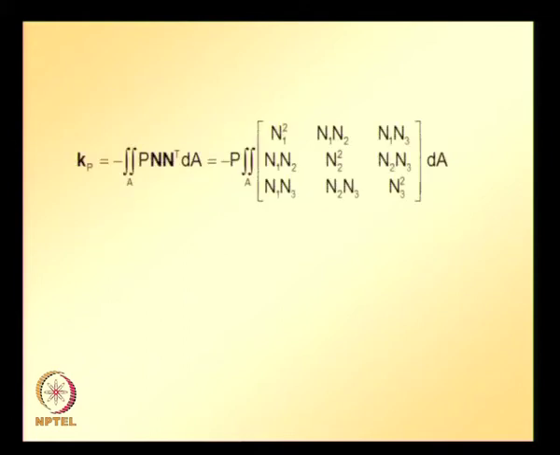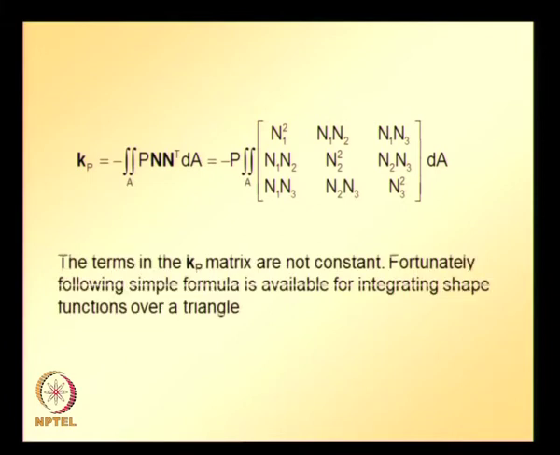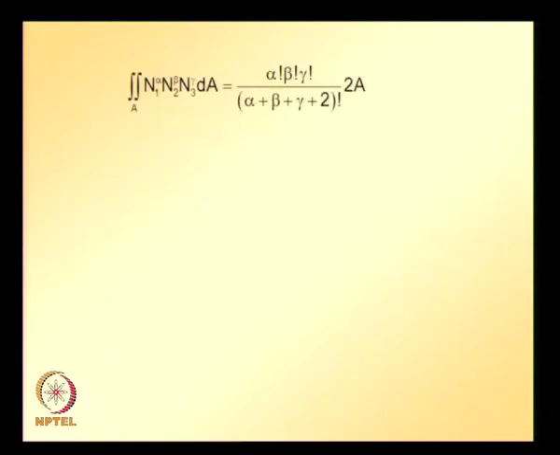and kp. Here, since the components of p are not going to be constant, we need to perform some numerical integration. Terms in the kp matrix are not constant. Fortunately, a simple formula is available for integrating shape functions over a triangle, and this is the formula.